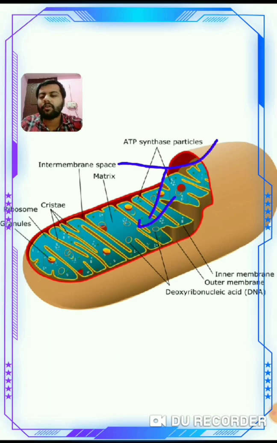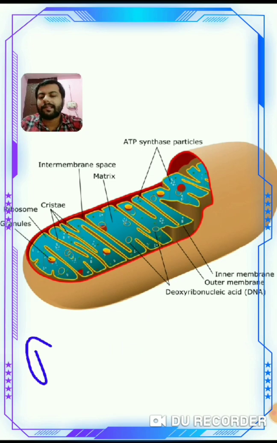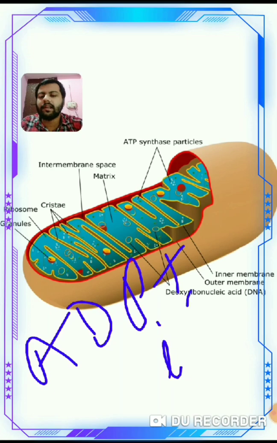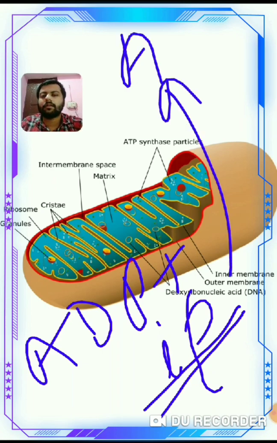The process of formation of ATP is known as phosphorylation, when ADP combines with a single inorganic phosphate and ATP is formed.